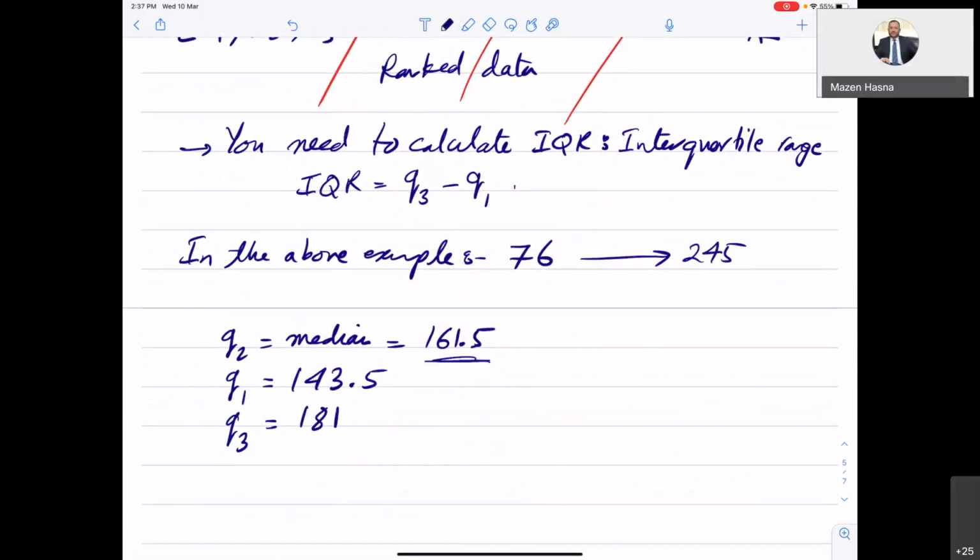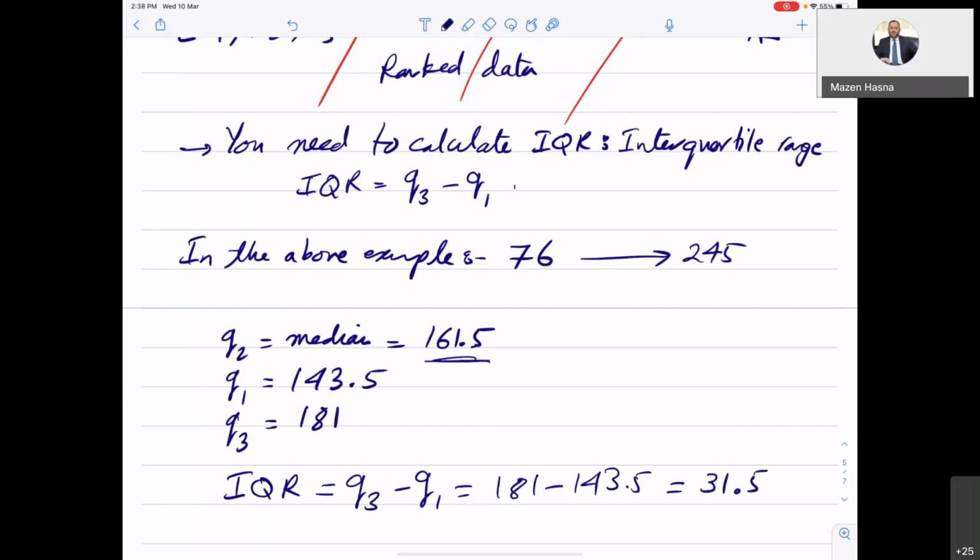Once you have calculated those, what's the IQR? IQR is Q3 minus Q1, which is 181 minus 143.5, so this is 31.5, right? This is your interquartile range.